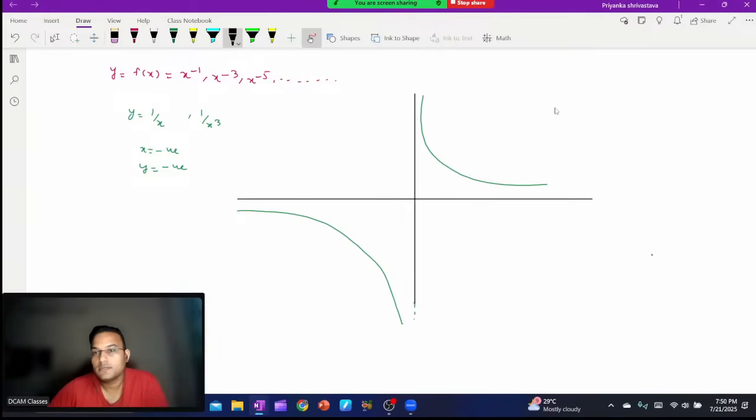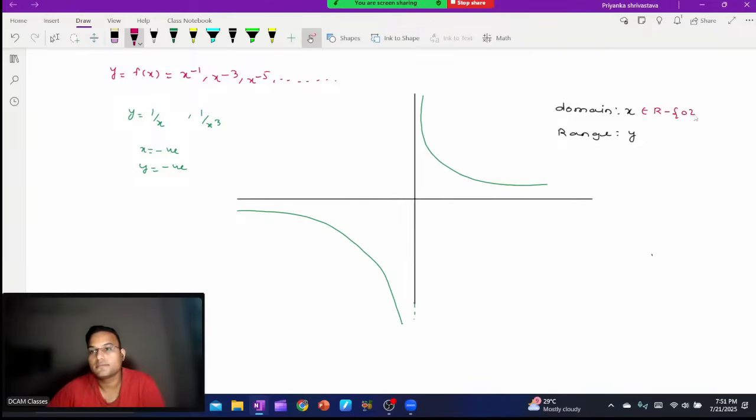Now tell me the domain. What will be the domain, and what is the range? Domain would be the same for all values of R except 0.